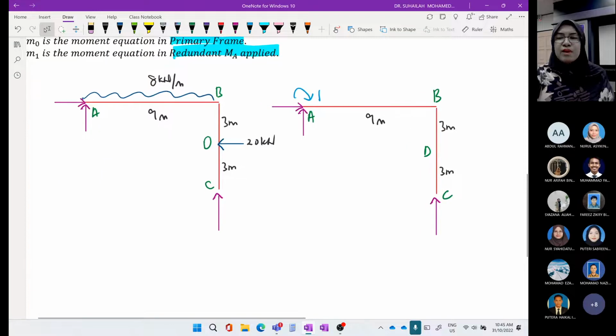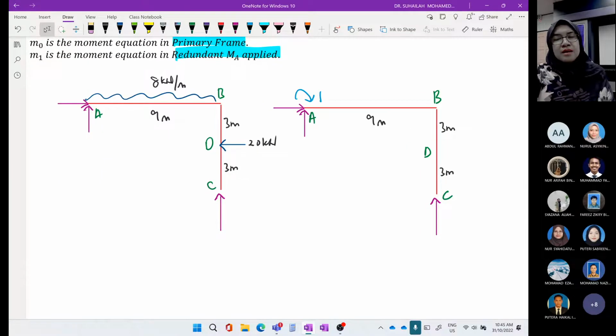Okay, so everyone please calculate the reactions for these two determinate frames. We have two systems because we want to have two moment equations, one for the primary frame and one for the redundant frame, redundant MA applied.